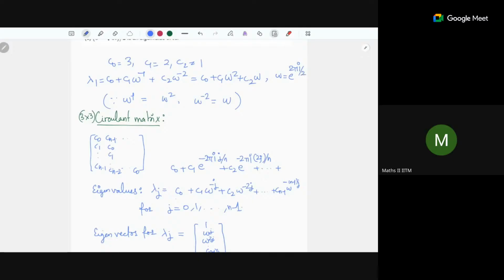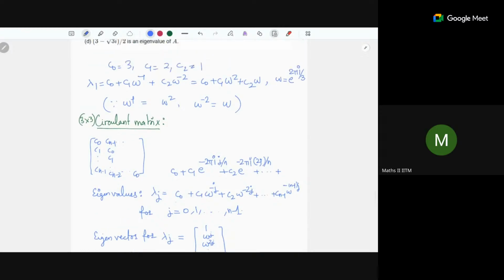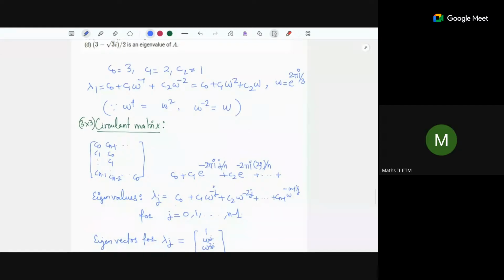Because we are considering 0, 1, 2, that's why I said n equal to 2, but it should be 3 only, since we are going up to n minus 1. Right. So it is 2 pi i by 3. Okay. So you can calculate the second eigenvalue as well.